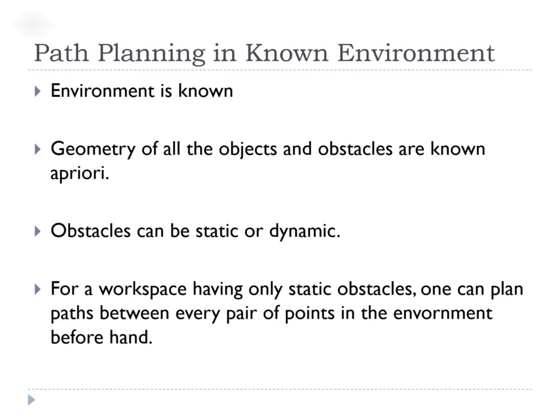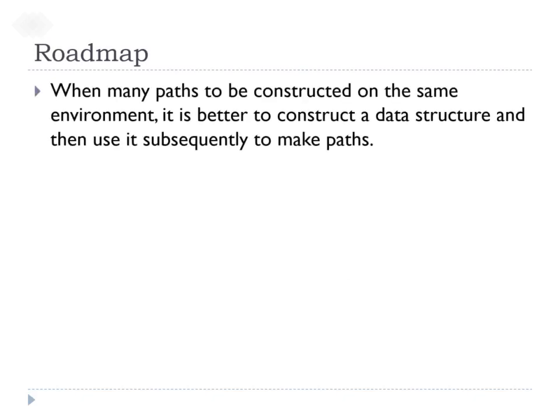So this is known as two-stage path planning, where you first create all possible paths and in the query stage you look at the starting and the destination position and you choose a suitable path between these two positions. Roadmaps are useful when many paths are to be constructed and used in the same environment again and again.